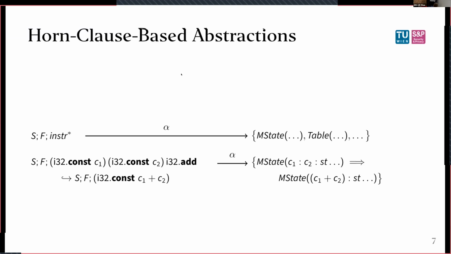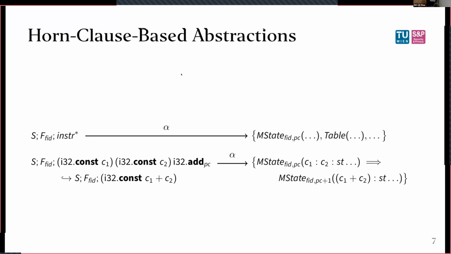So what were the problems here? Well, exactly this factorization. How we solved this was we annotated the semantics with function IDs on the frames and program counters on the instructions. Then we introduced these things into our abstraction, and we did a slight modification of the step function to rule out instructions that rewrite to other instructions.